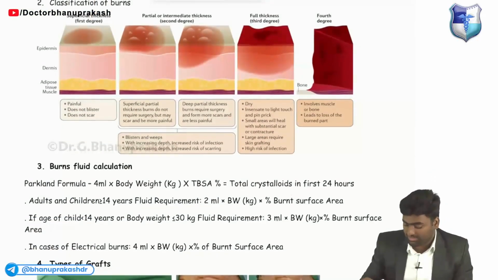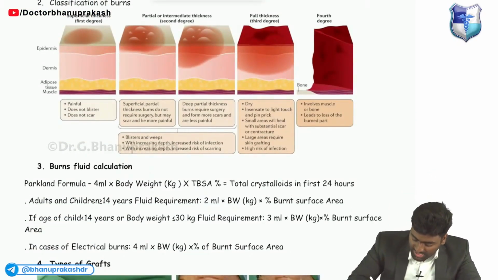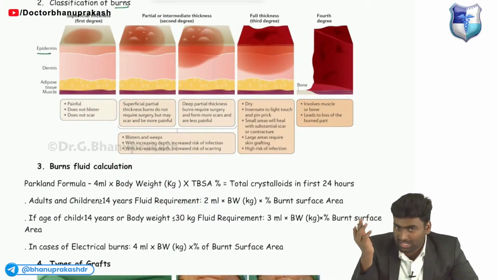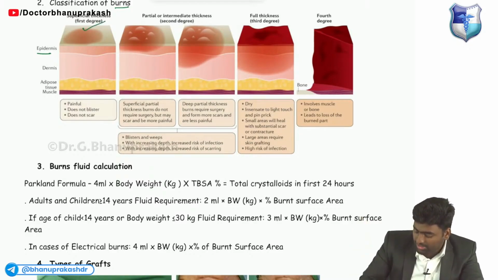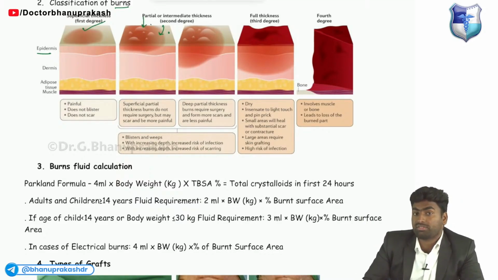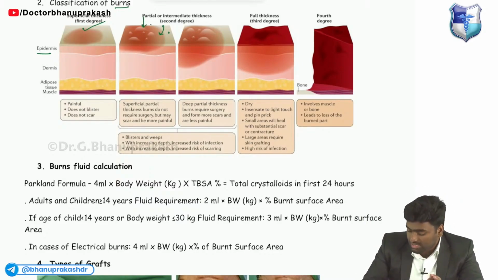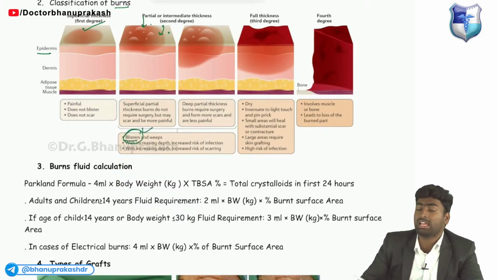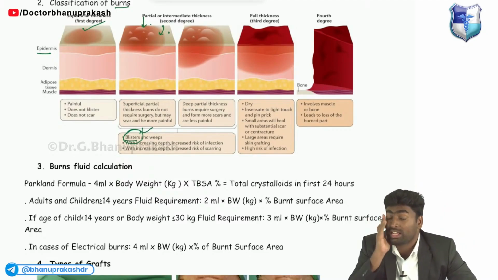Next, we'll move on to the classification of burns. In the case of first degree burns, it is just involvement of the superficial epidermis. So there will be just erythema, and it will be painful in nature. Whereas in second degree partial, there will be formation of vesicles and blisters, and it also will be painful in nature.